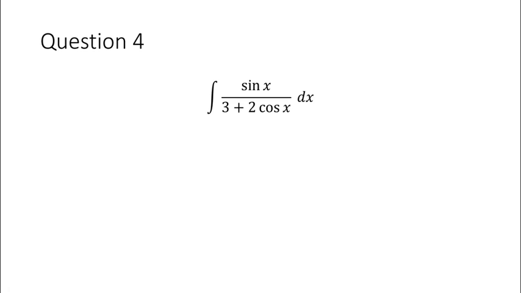And in those cases, I should be thinking that the result is going to take the form of natural log of a function. So we're going to try and see what happens if I were to differentiate natural log of 3 plus 2 cos x. So natural log of what is on my denominator. Let's see what happens.